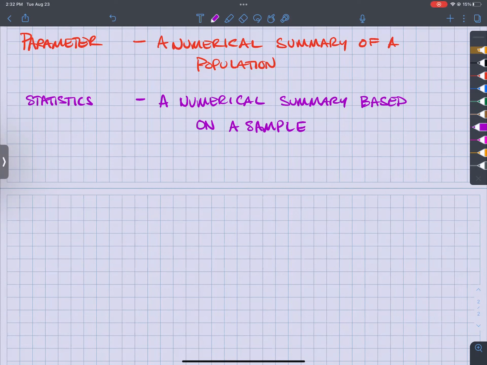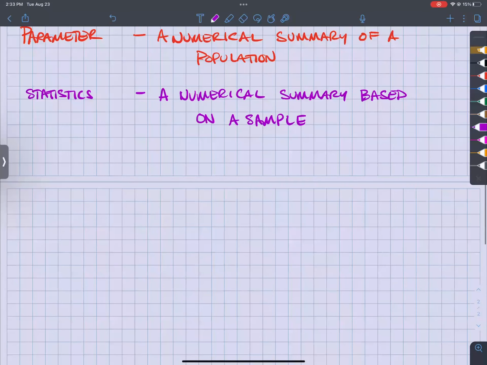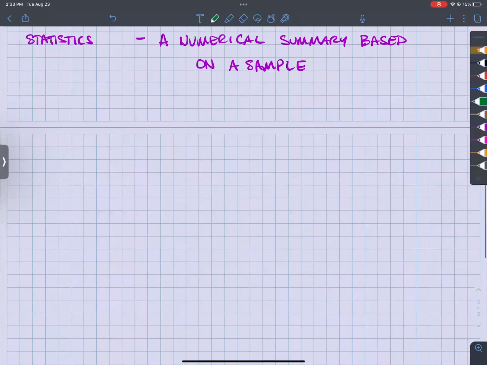Make sense? Okay. All right. So they're both numerical summaries, but one is based on a sample, whereas a population means it's everybody, we can count them. Okay. Okay there? All right.